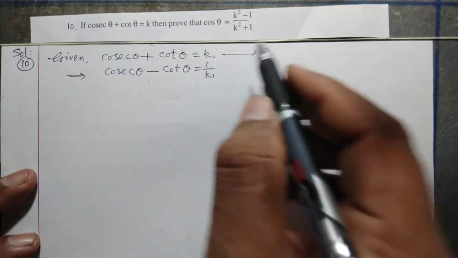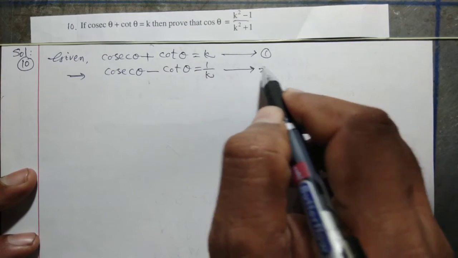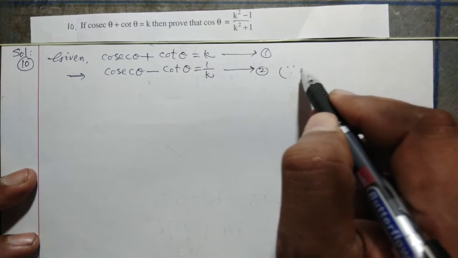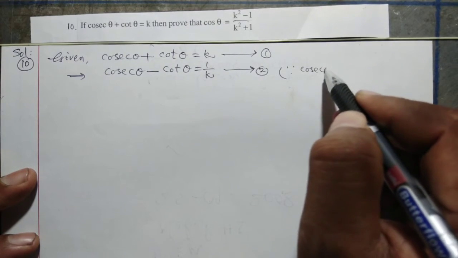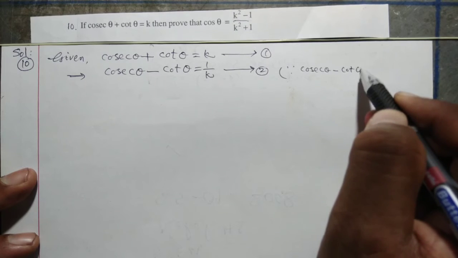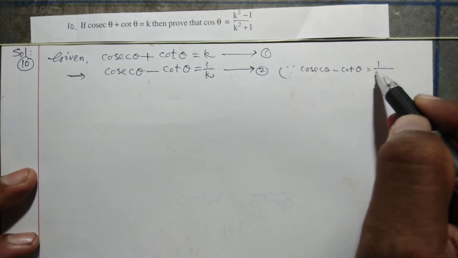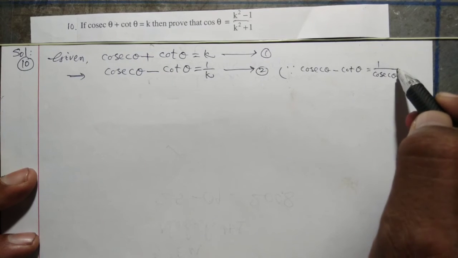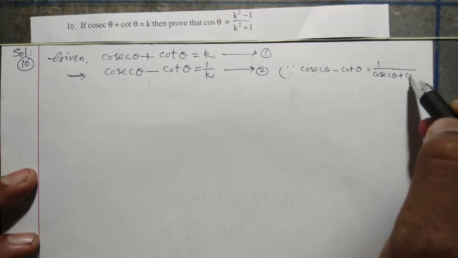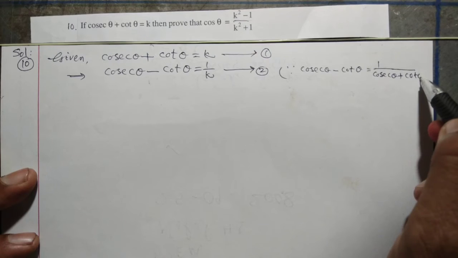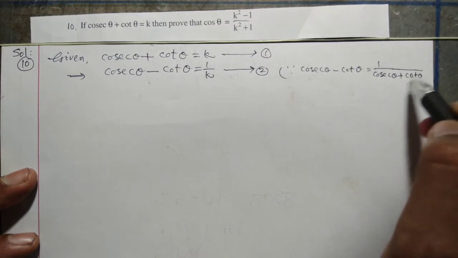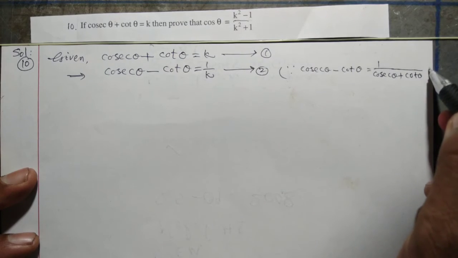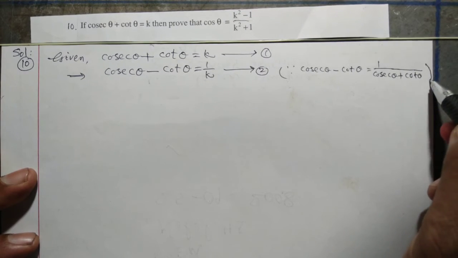We can write like this. This is equation 2. Because cosec theta minus cot theta is equal to 1 by cosec theta plus cot theta, that's why in place of cosec theta plus cot theta we can write k, so 1 by k. This is the reason.